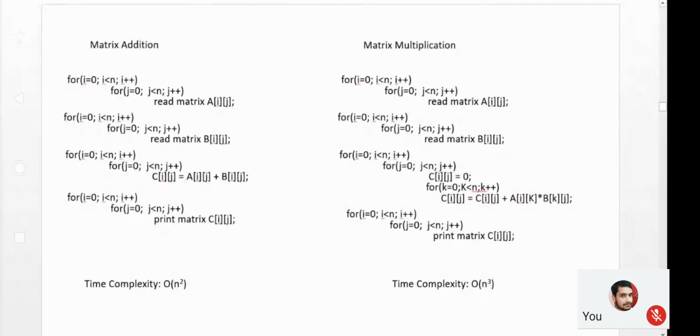Asymptotically, 4n square, 1 million n square, 10,000 n square, and n square are the same. That means the time complexity of matrix addition basically depends on n with what?